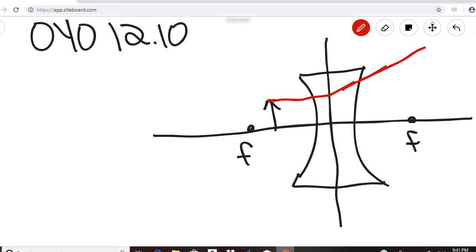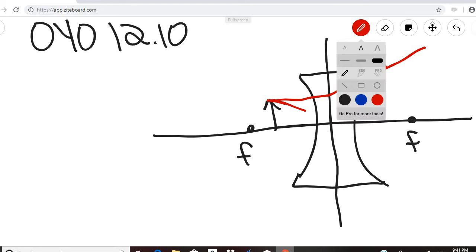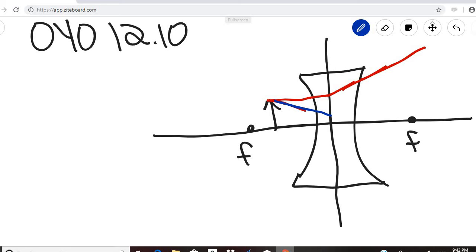The next one, the blue one, will go in as if it were going to go through that focal point, and then it's going to exit horizontally.